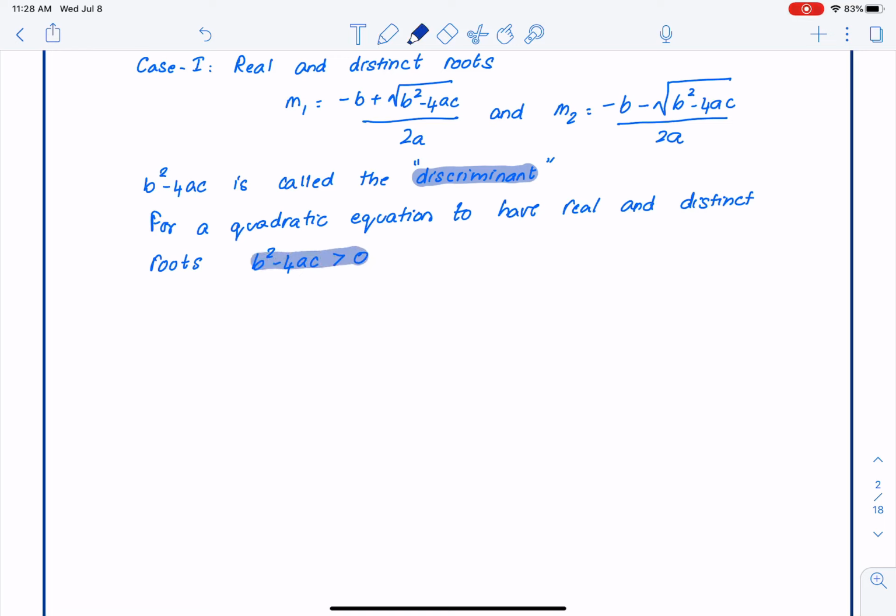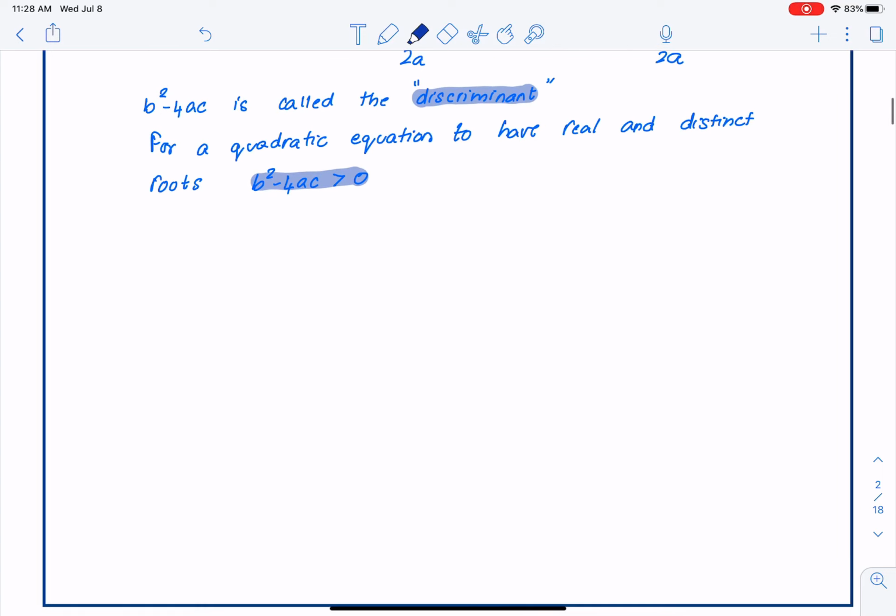In other words, whatever is inside the square root must be a number bigger than 0, and it has to be a real number. If that is satisfied, then the equation will have real and distinct roots. So since the roots are distinct, we have m1 as one root and m2 as the other root.